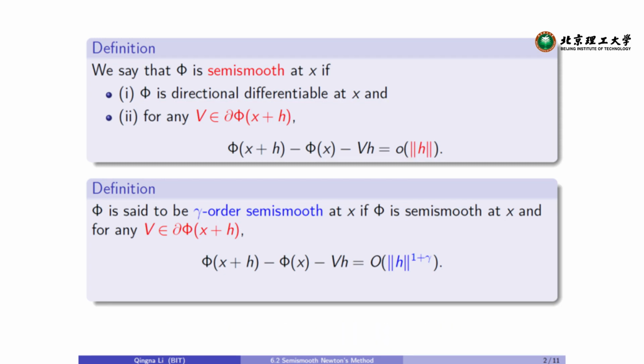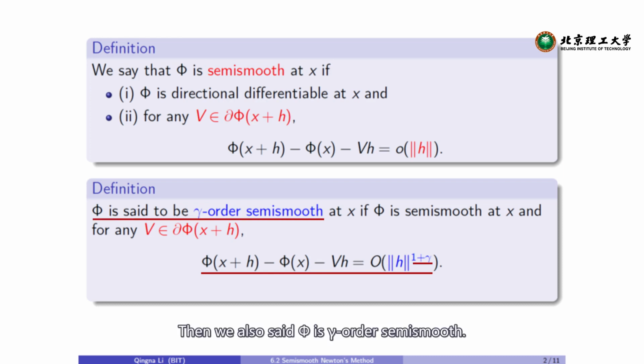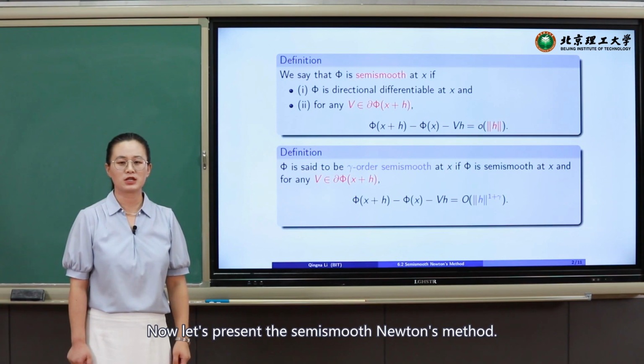Furthermore, if the left-hand side can be bounded at the order of the norm of h to the power 1 plus gamma, then we say phi is gamma-order semi-smooth. Now, let's present the semi-smooth Newton's method.